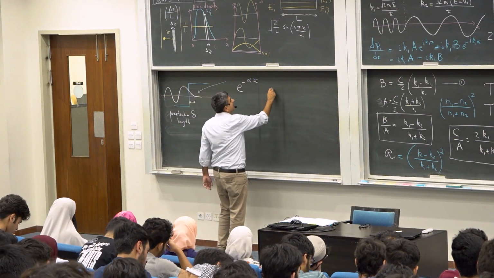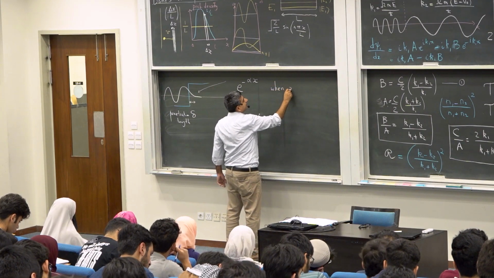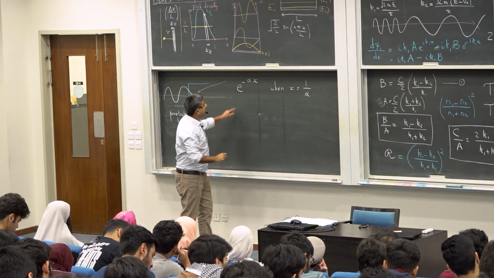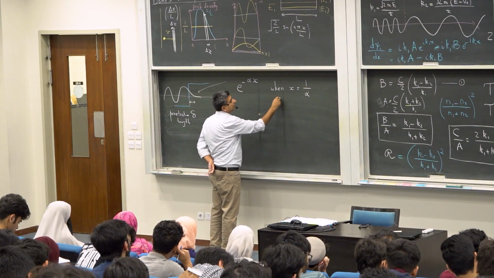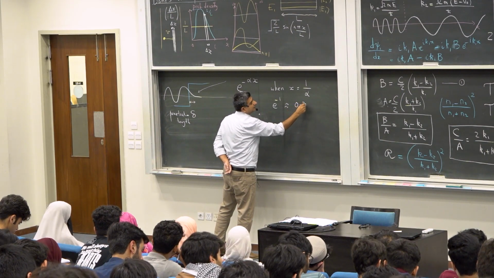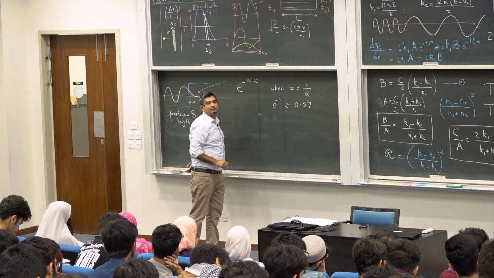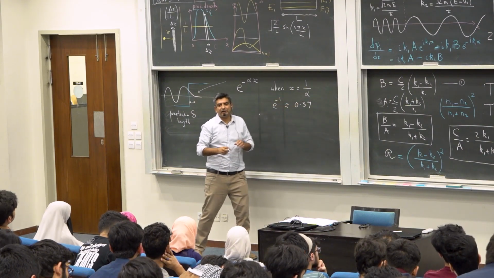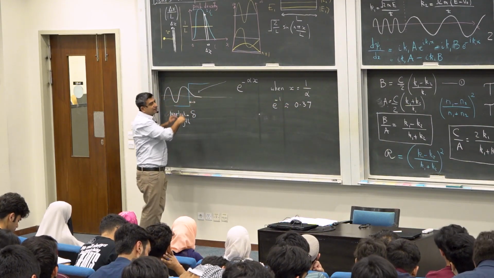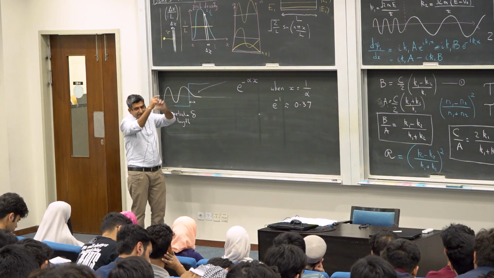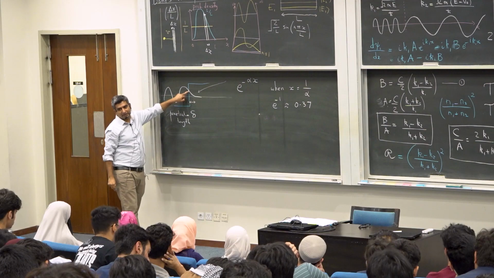When x is 1 over alpha, this number becomes e raised to minus 1, which is about 0.37. So when x equals 1 over alpha, this wave function will have dropped to 37% of its value here.